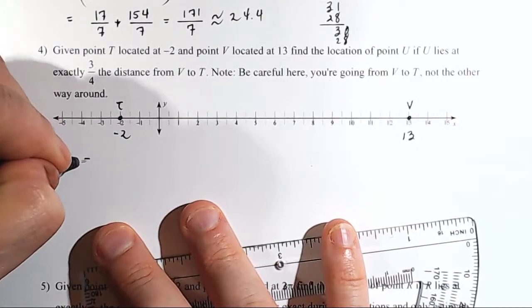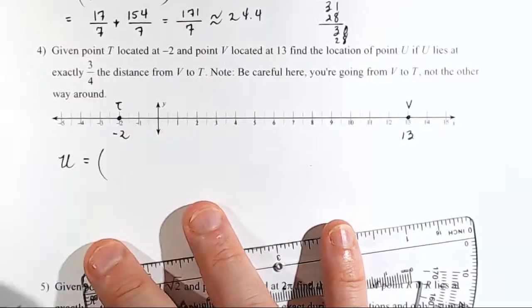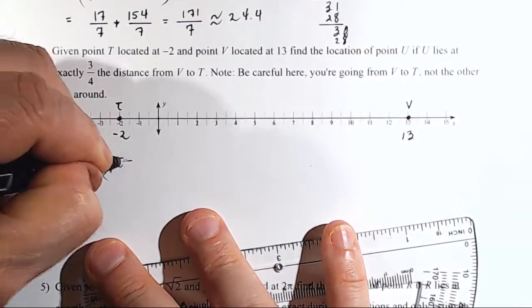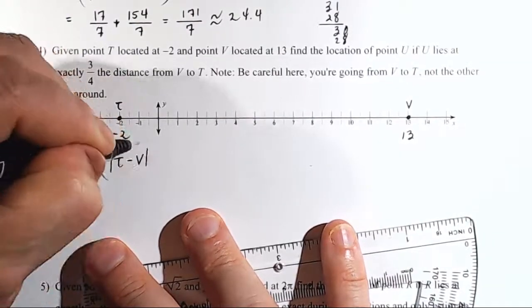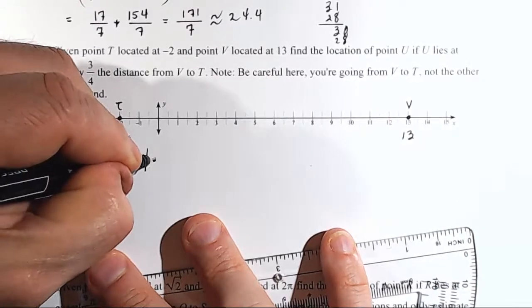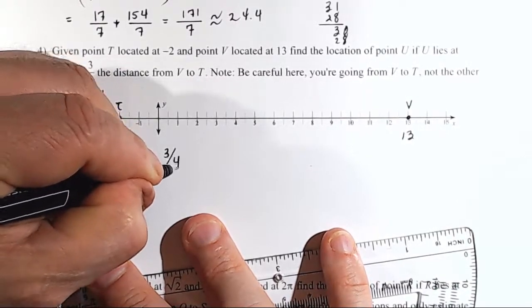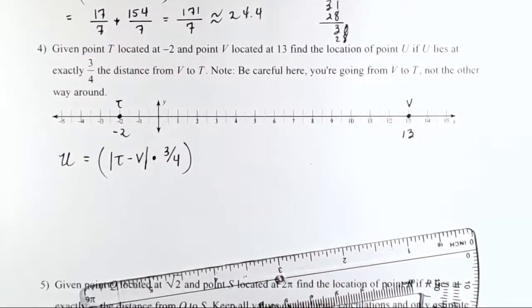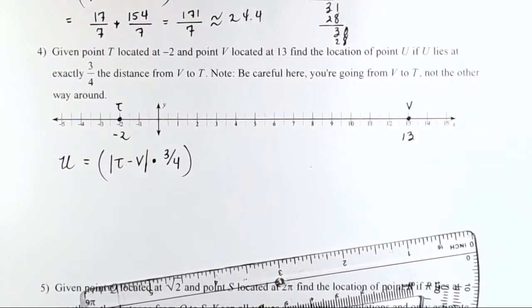Well, point U is going to be equal to the absolute difference between T and V, right, times the fraction, which is going to be 3/4. And then we're going to add back, well, wait a minute, we're going to subtract, let me think about this. See, this is where it gets tricky.